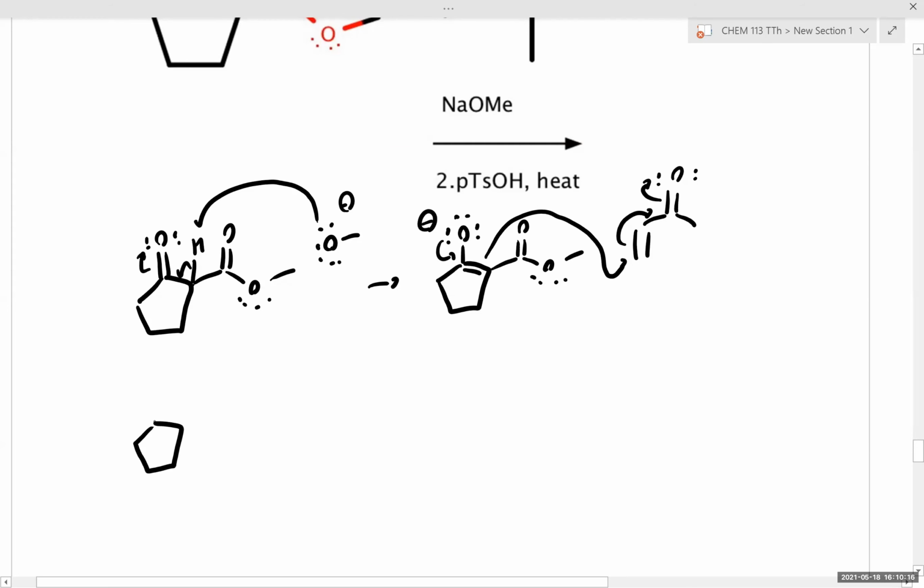That in turn gives us our conjugate addition product. And we're just going to protonate our enolate for now.